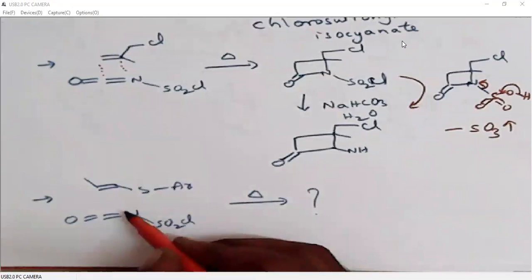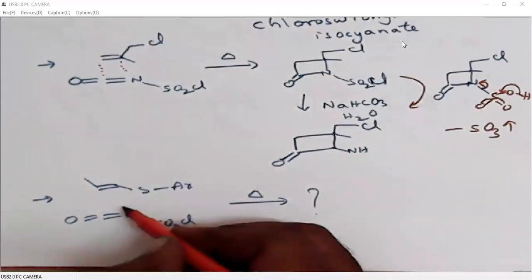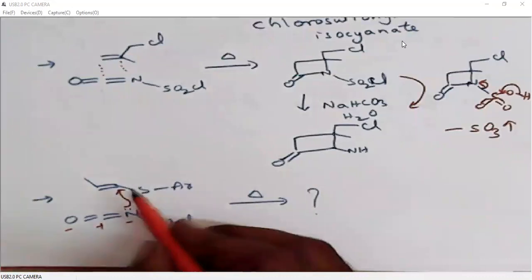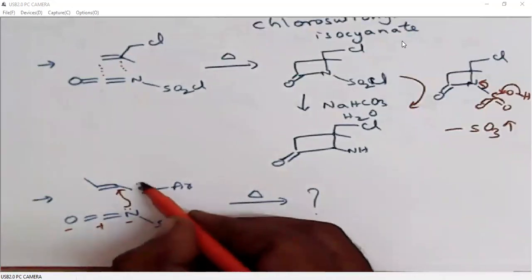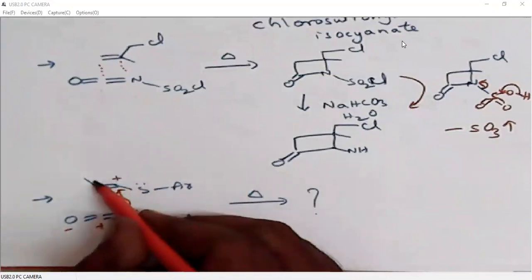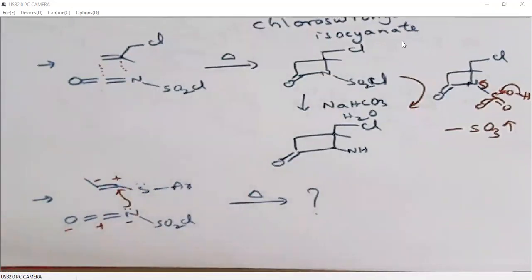Here, nitrogen will attack with its lone pair, or we can say when we write the charges, it is minus, plus, minus. Here also, because the sulfur group is an electron releasing group, here it will be plus, here it will be minus. So when we write the charges, we can expect the position of substituents.